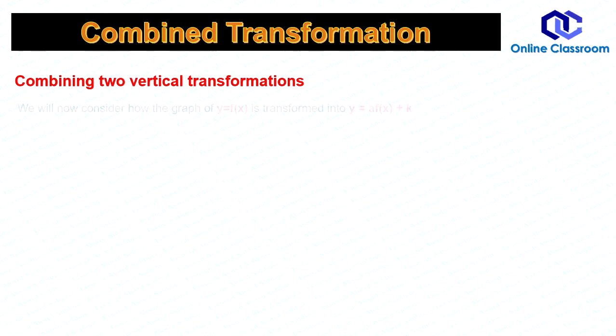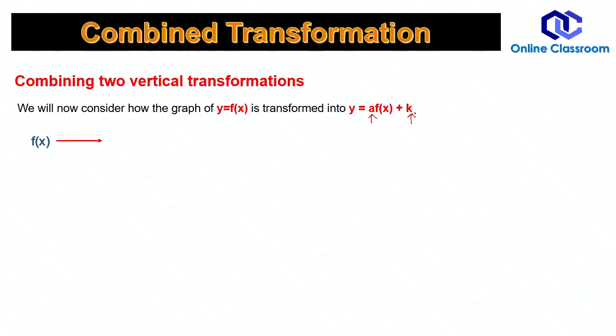So the rules you should learn are like this. In this case, this A is vertical stretch parallel to the y-axis, and in this case, vertical translation, both vertical. Here you apply the normal arithmetic rule: multiplication first, then add or subtract. So what should we do? We first apply the stretch part, then we apply the translation part.